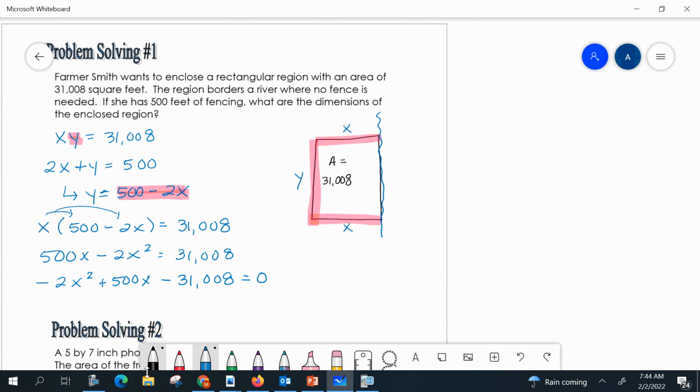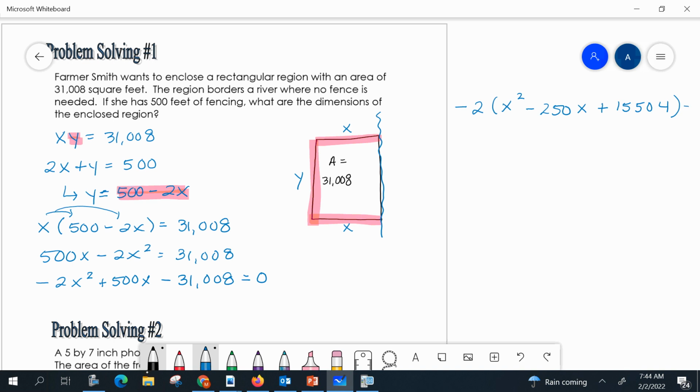One more thing that I'm going to do before we solve this, or think about how we want to solve it, is I'm going to factor out a negative 2. In fact, I'm going to move my work up here so I have a little bit more room. So I do notice that all the terms are even, so I can divide out a 2. So it's going to be x squared, 500 divided by negative 2 is negative 250x, and 31,008 divided by negative 2 is going to make this plus 15,504.